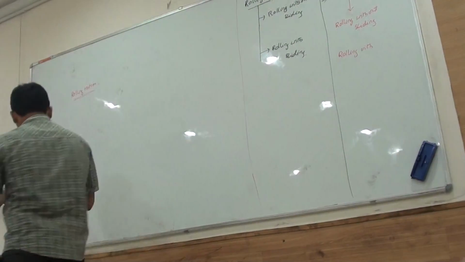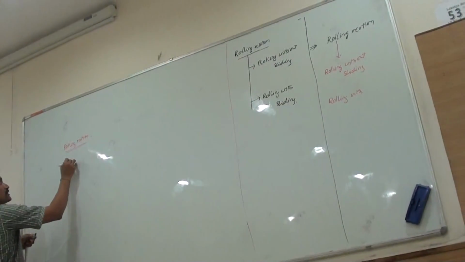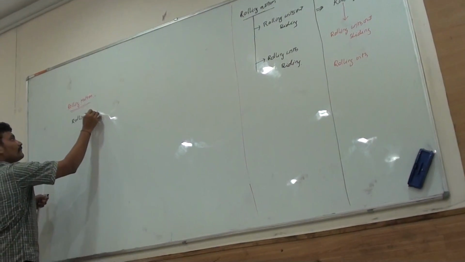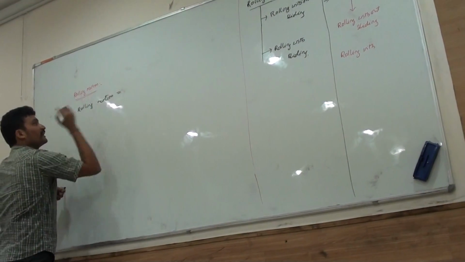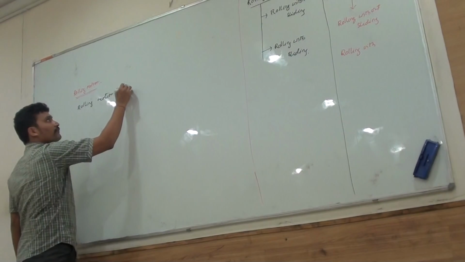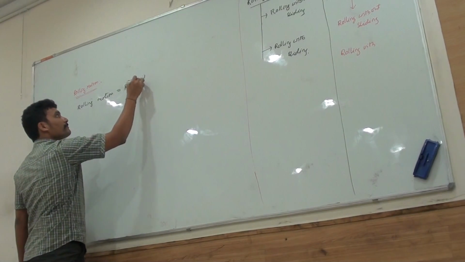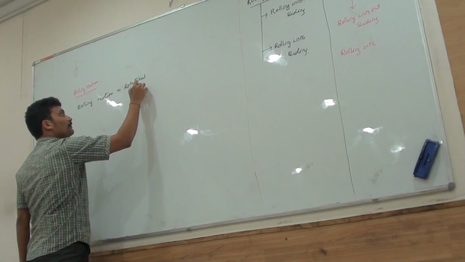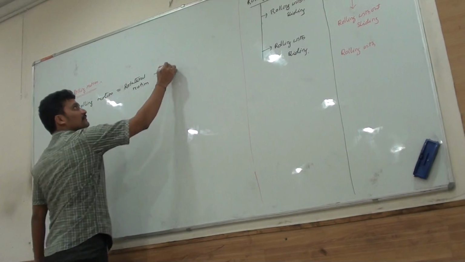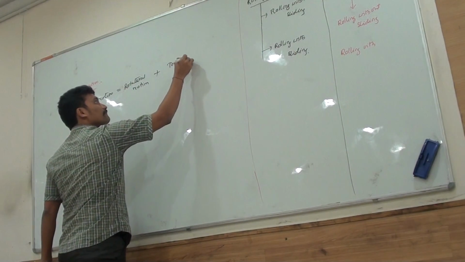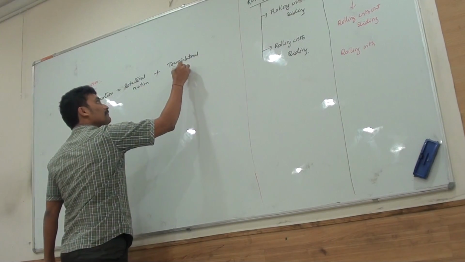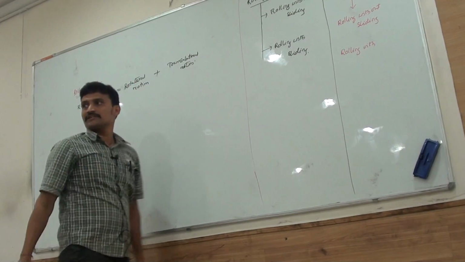Rolling motion is simply written like this: a combination of rotational motion plus translational motion.